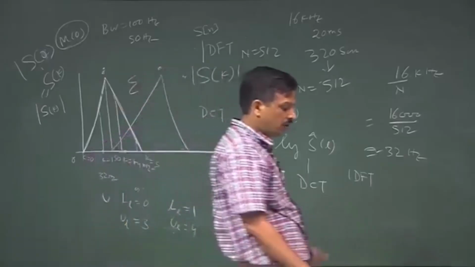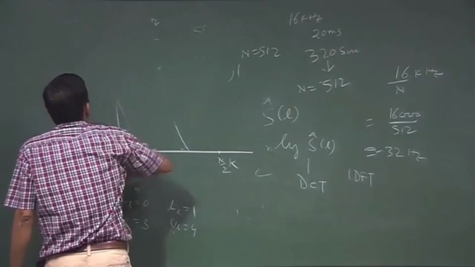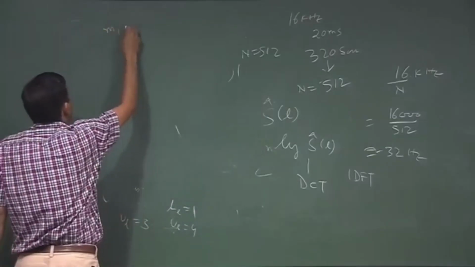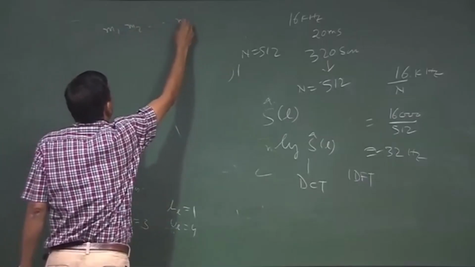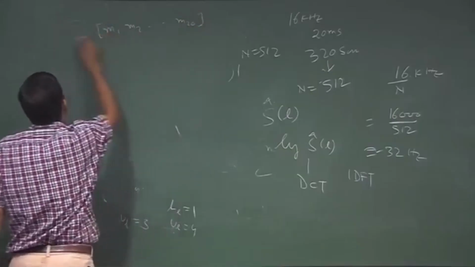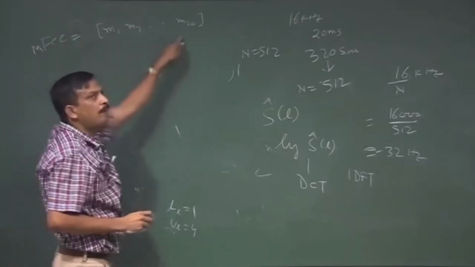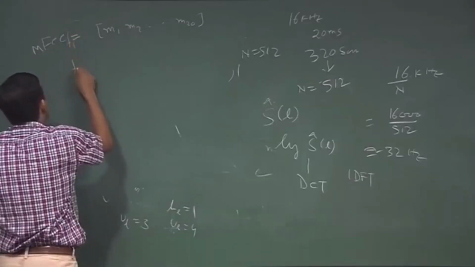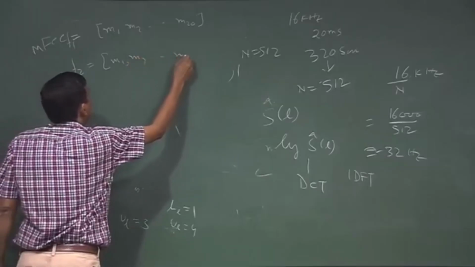Okay. Discrete cosine transform. Now, I go for the delta spectrum. Suppose I calculate MFCC coefficients M equal to 1, 2, up to, let us say, 20 MFCC coefficients, M20. This is the MFCC coefficient for a single frame, frame 1. I can calculate for frame 2, M1, M2, dot, M20.